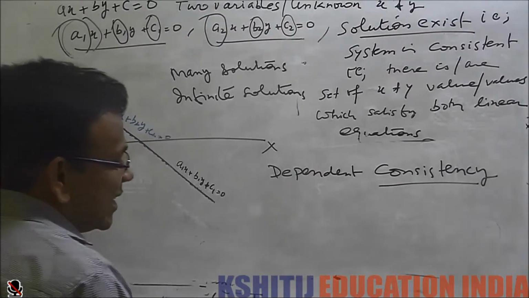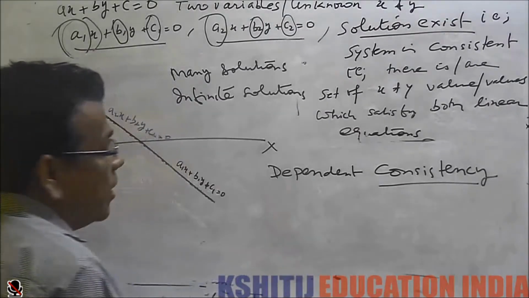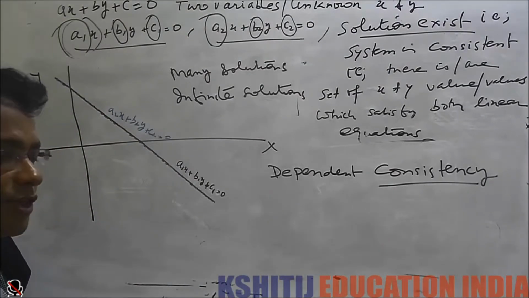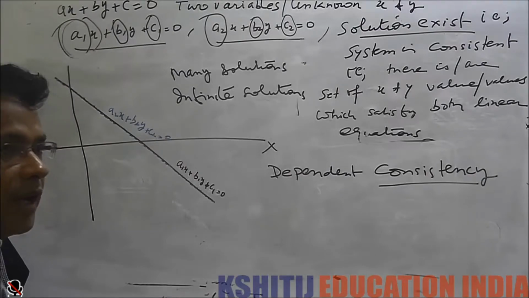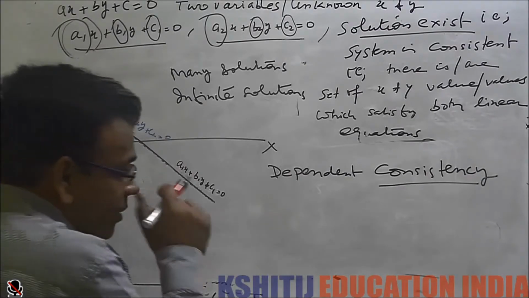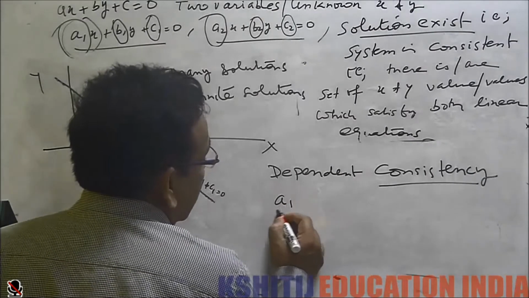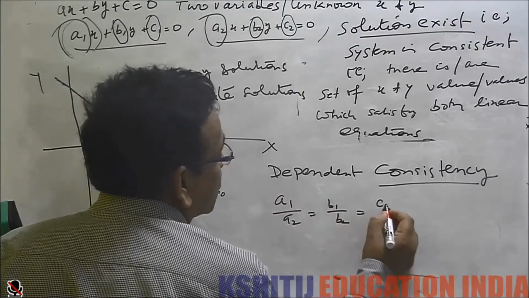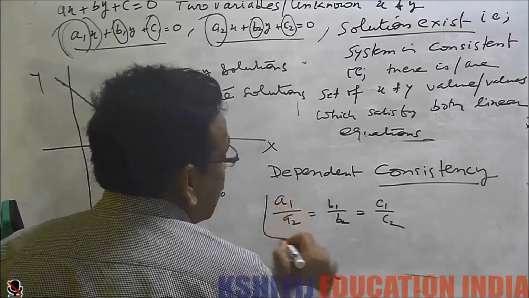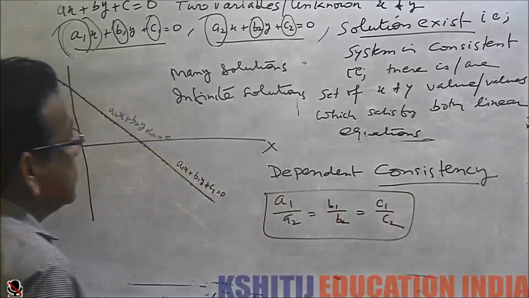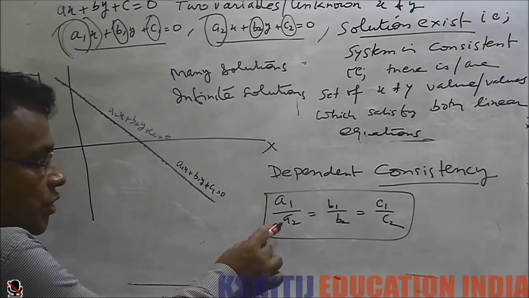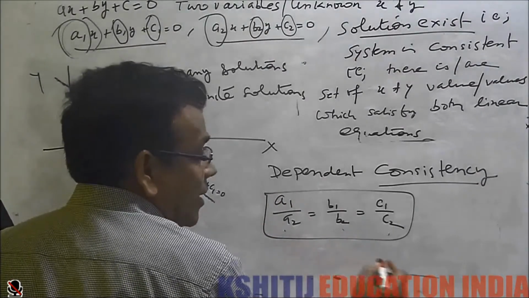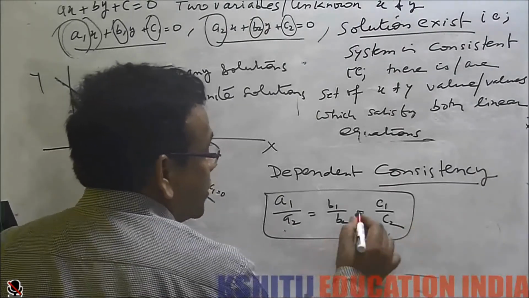So in such a case, if you compare the ratio of the coefficients of x, the ratio of the coefficients of y, and the ratio of the constants, we would see that a1 over a2 is equal to b1 over b2 is equal to c1 over c2. All three ratios are equal.